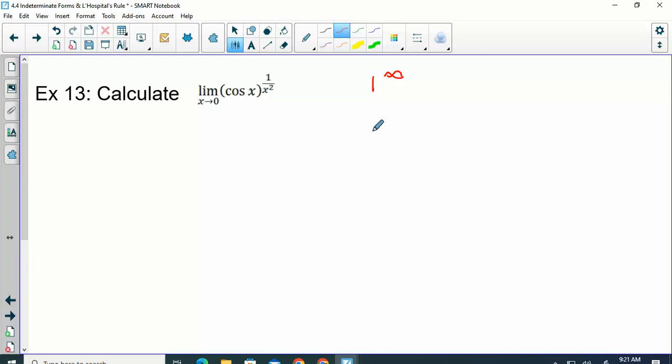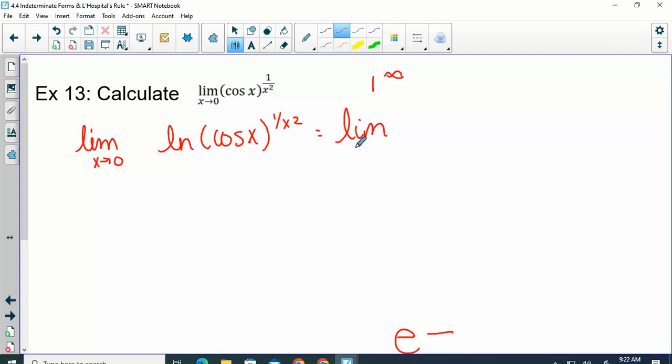No. So what do we do? Add a log. And I know because I added a log, my final answer will be e to some power.